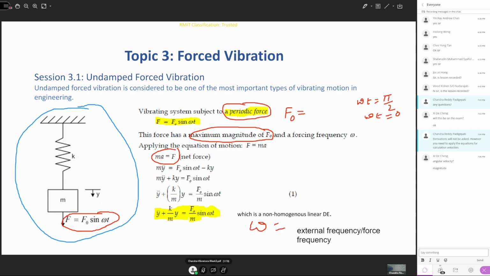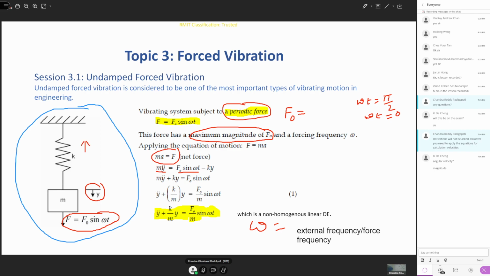Here the motion is in the y direction, so acceleration is y double dot. So you can write m into y double dot. What is the net force acting on this system here? External force is F naught sine omega t, and the spring force is in the opposite way.